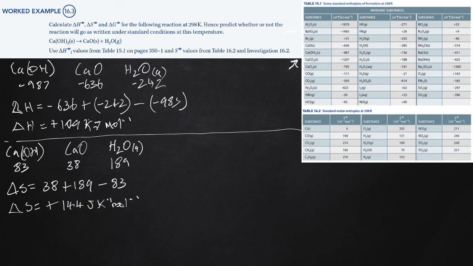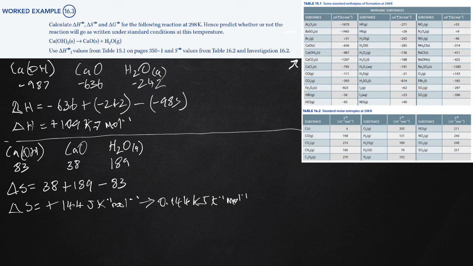Now, because we need to get everything into kilojoules, we're going to change our 144 joules into kilojoules, so divide by 1,000, and we have 0.144 kilojoules per Kelvin per mole. All right, we'll just get our units all sorted, make sure everything's the same.